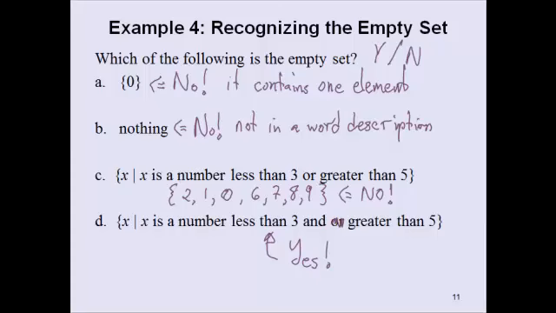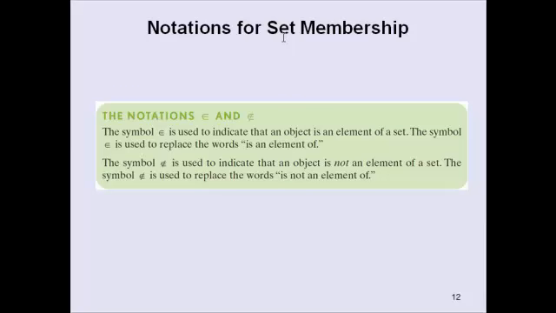So now we have notation for set membership, right? So here's the epsilon that I was talking about. The fancy script E is epsilon, and then the fancy script E with the line through it means not an element of the set, right? So we use the symbol epsilon to indicate that an object is an element of a set.